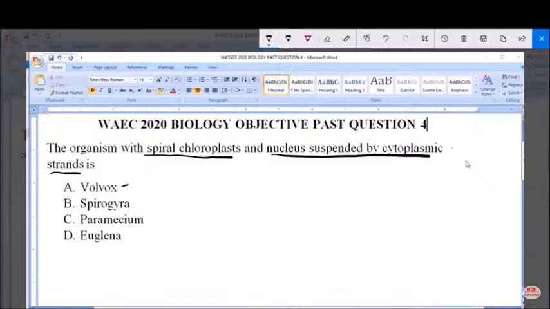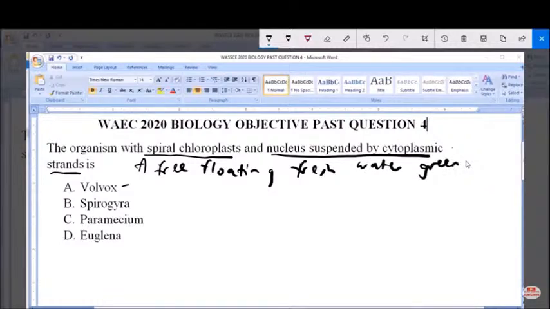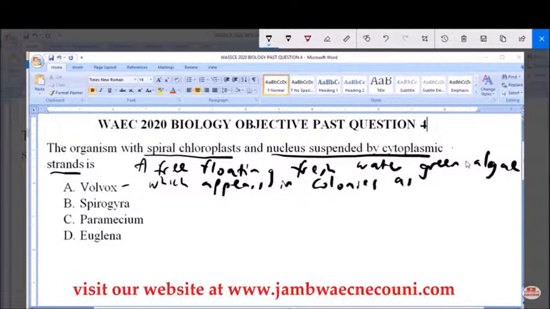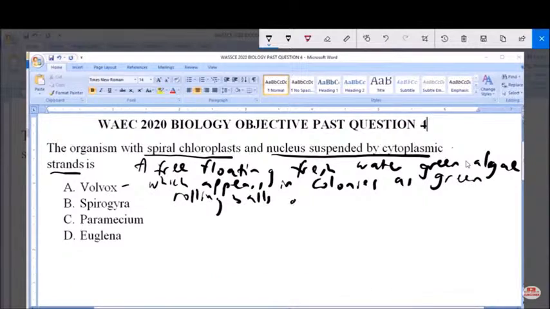So Volvox is a free floating freshwater green algae which appears in colonies as green rolling balls on the surface of water.